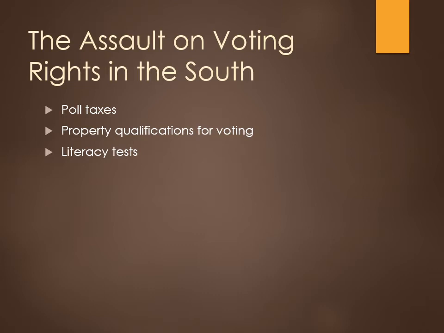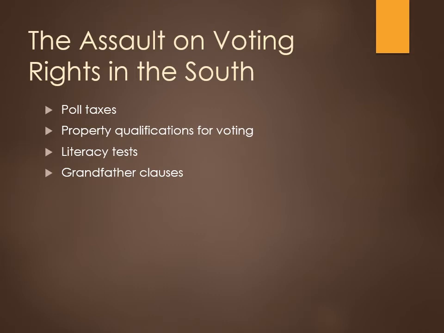If you were white, you didn't have such a hard time of it. If you were African American, you might be asked to recite the Constitution of the state of Mississippi from memory, for example. And even then, they would find an excuse to deny you. There were grandfather clauses. That meant if your grandfather could vote, then you didn't have to take the literacy test.